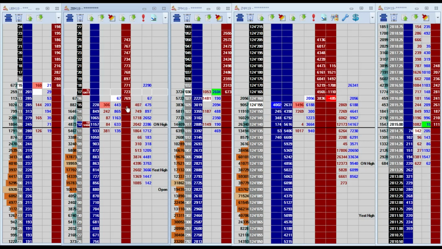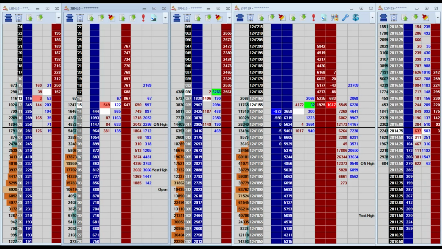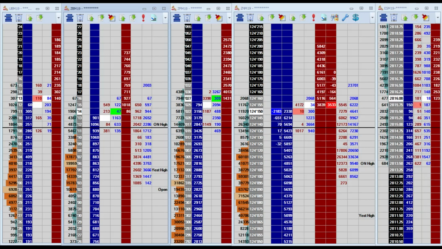Kind of stalled out here. I don't know if I should just pull this one off, cover it right here, push the highs by 2 ticks. Okay, covered that.